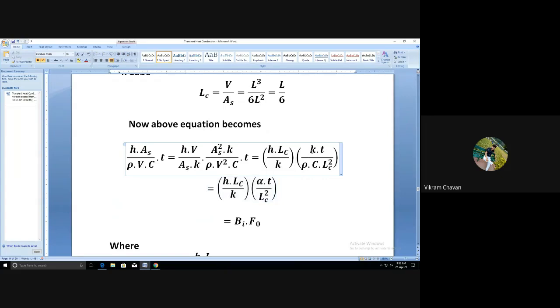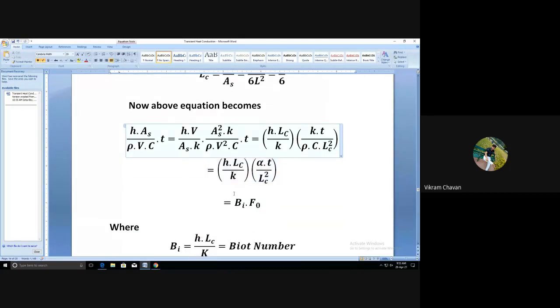Now if you remember, K divided by rho C is nothing but the thermal diffusivity: thermal conductivity divided by thermal capacity is treated as the thermal diffusivity. So instead of K divided by rho C, we consider alpha, the thermal diffusivity. So we get HLC divided by K multiplied by, in another bracket, alpha multiplied by T divided by LC squared.